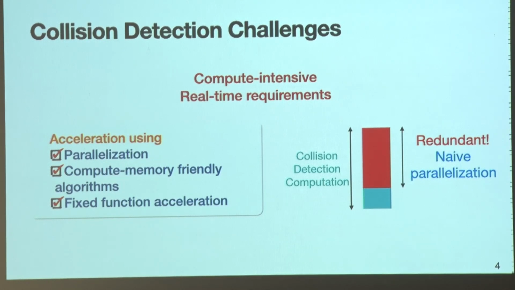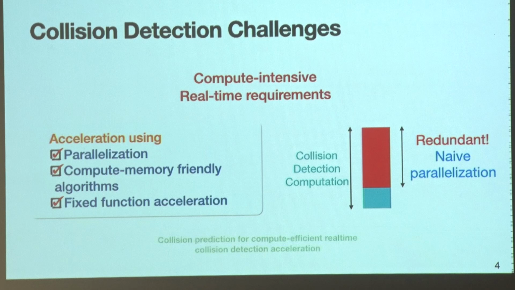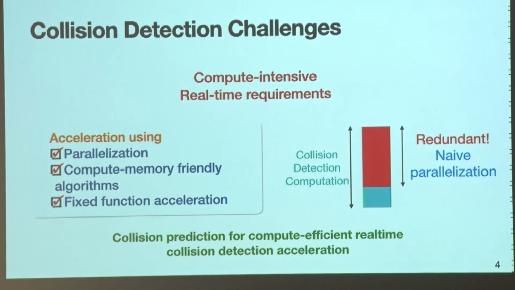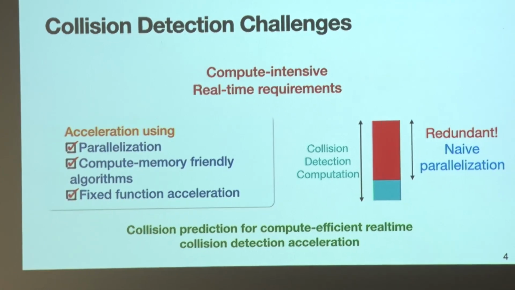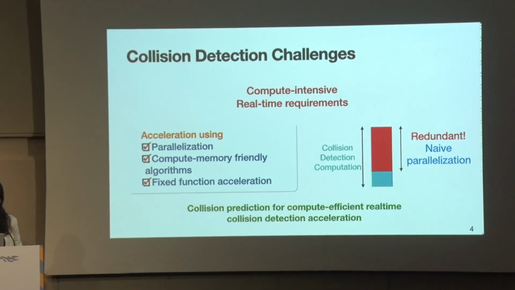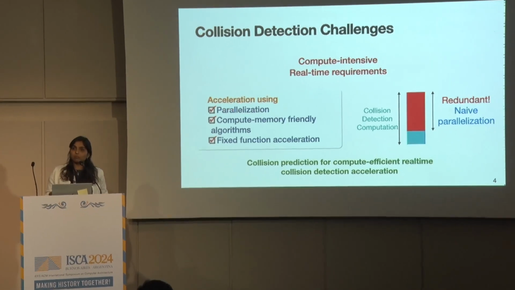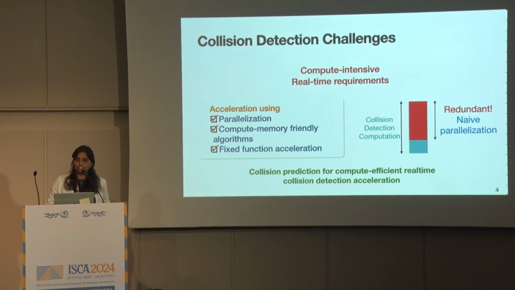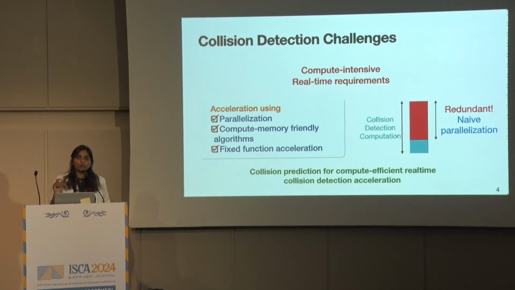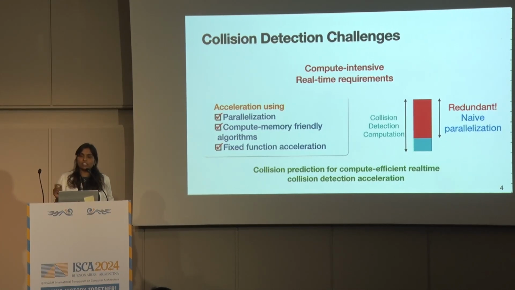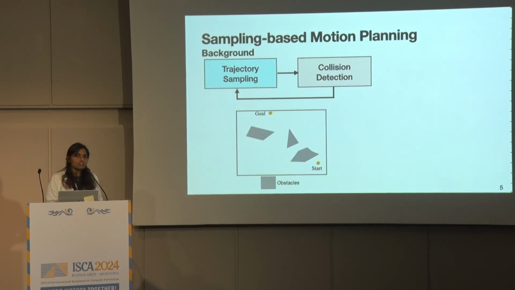Collision detection can be easily parallelized, but this naive parallelization comes at the cost of redundant computation. So our goal in this work is to use collision prediction to reduce this kind of redundant computation and achieve compute-efficient real-time collision detection.